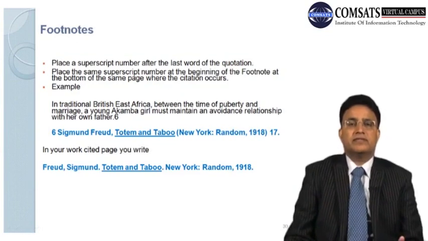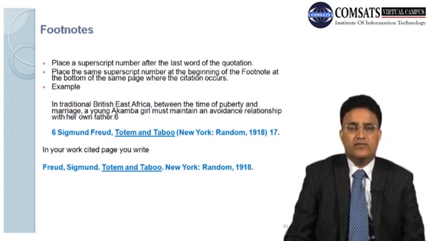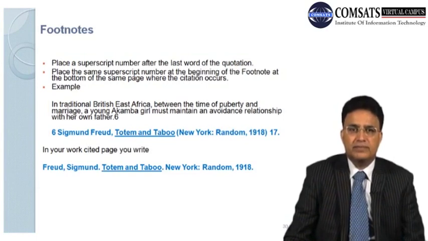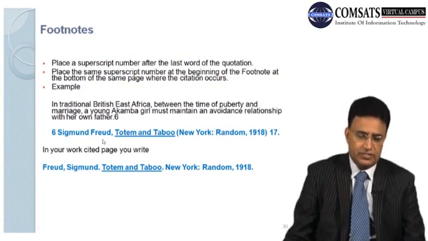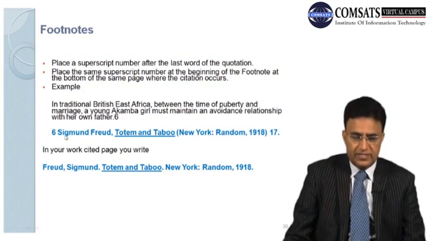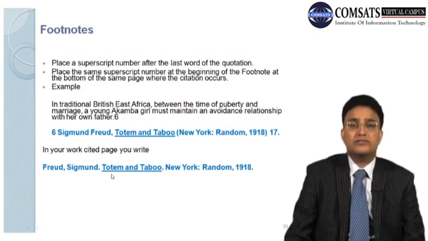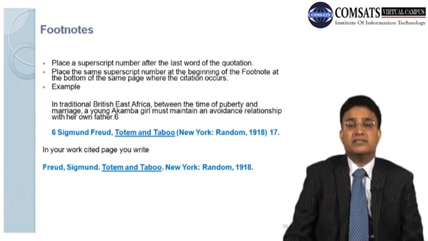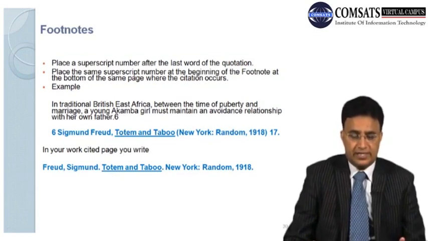So sometimes you need a footnote, and footnote means that you don't give the full reference within the text, you just put a number there, and at the bottom of the page with the same number you give the reference. And this was the example for that one. So in your works cited page, if this is a footnote, you also need to give its reference in the bibliography or the works cited page.